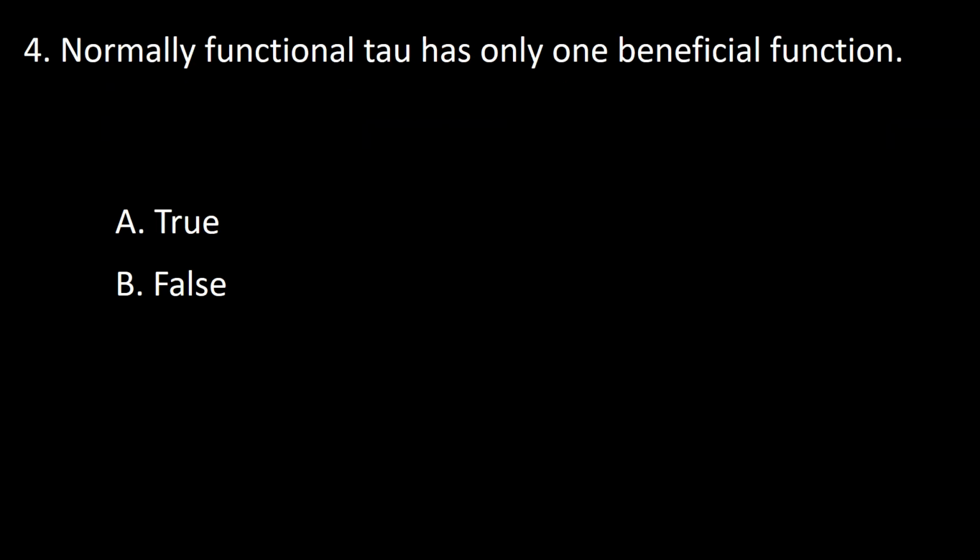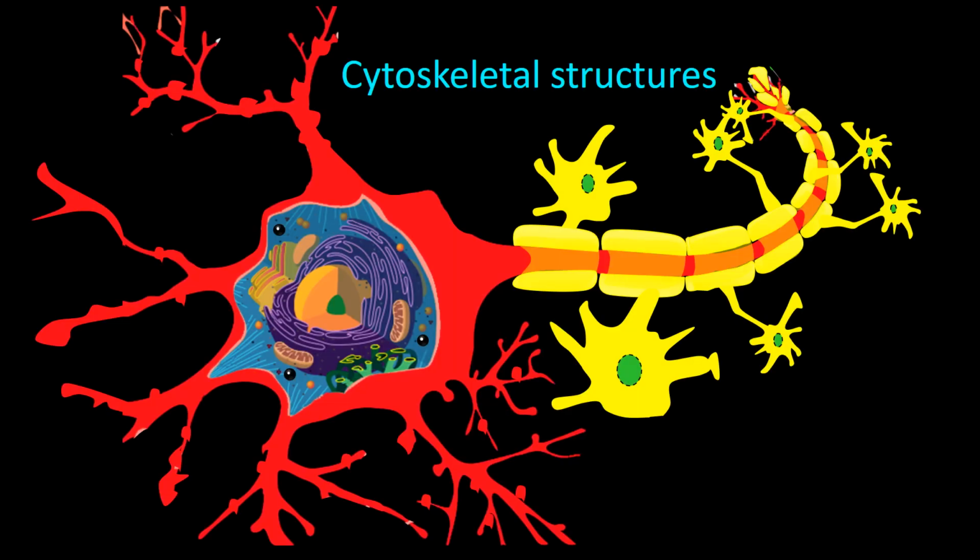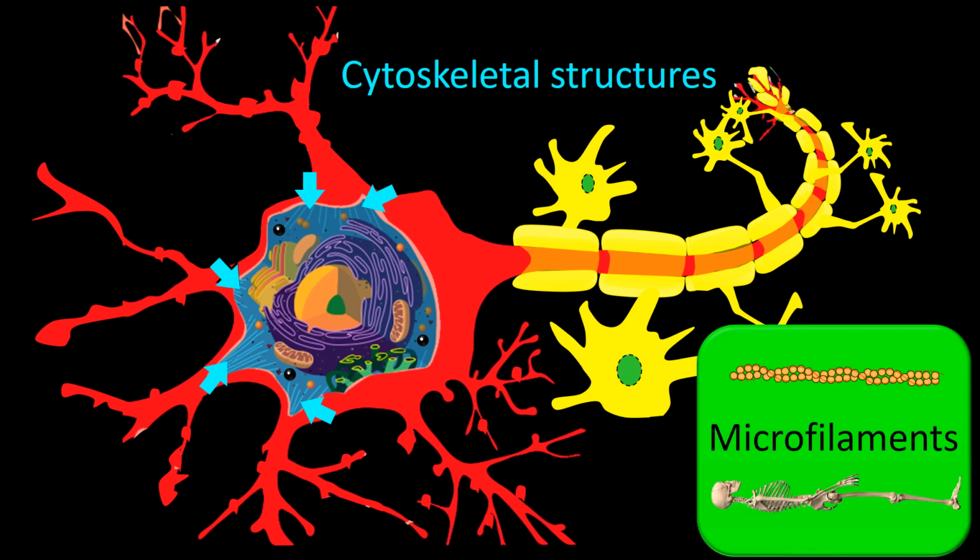Next question. Normally functional tau has only one beneficial function. A. True, B. False. Tau stands for tubulin associated unit. As you know, among the cytoskeletal structures here indicated by the aqua arrows, we have microfilaments made of actin.